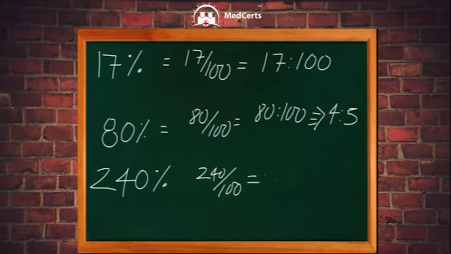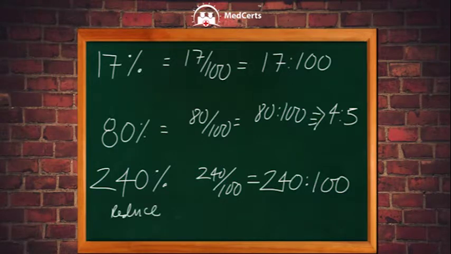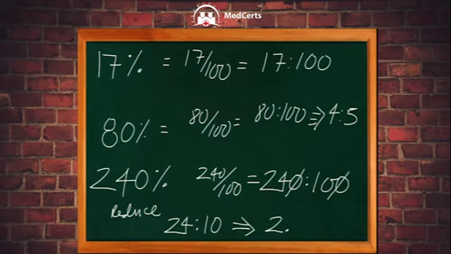As a ratio, it'll be 240 to 100. And then from here, I have a common number in both of these. I can reduce it by 10. And as I look here, 24 to 10 gives me a common multiple of 10, which would give me a 2.4 to 1 ratio.